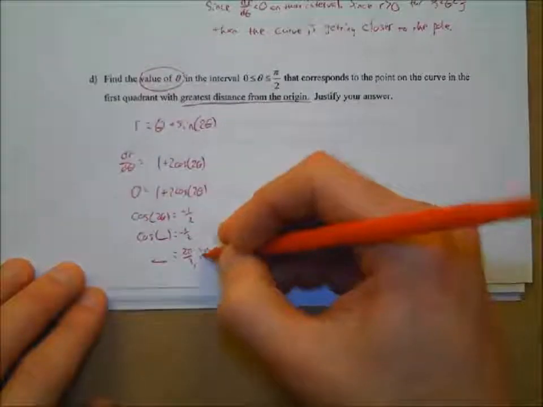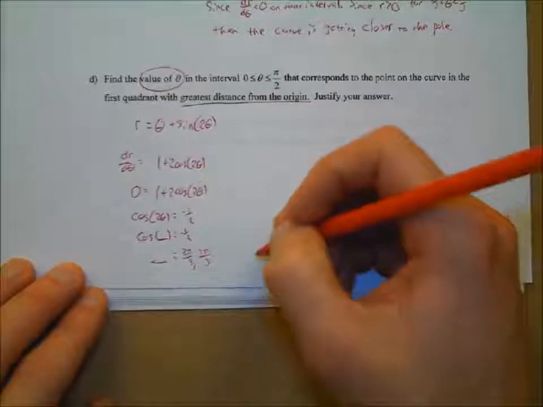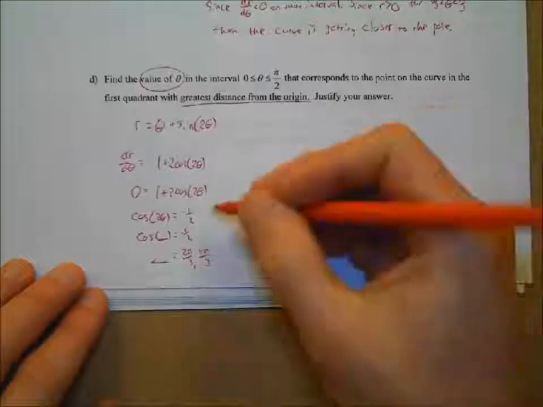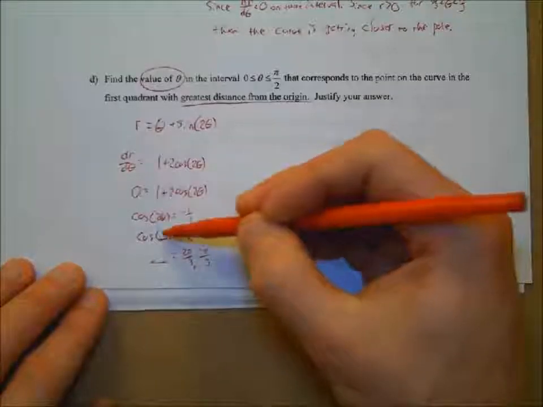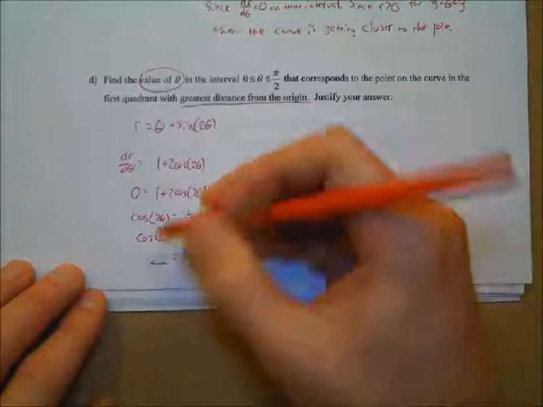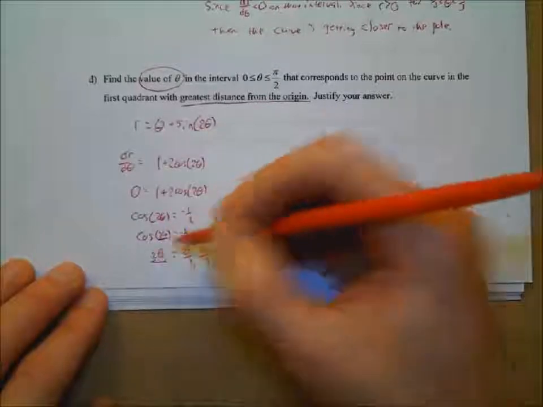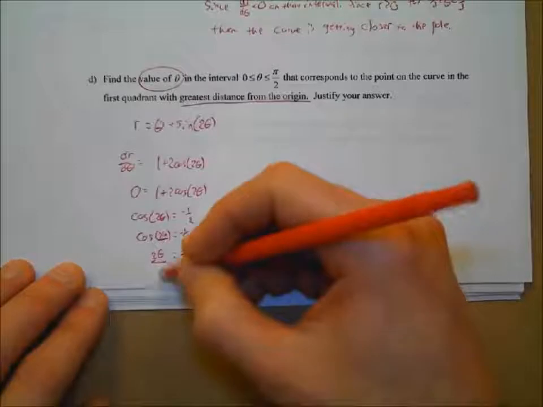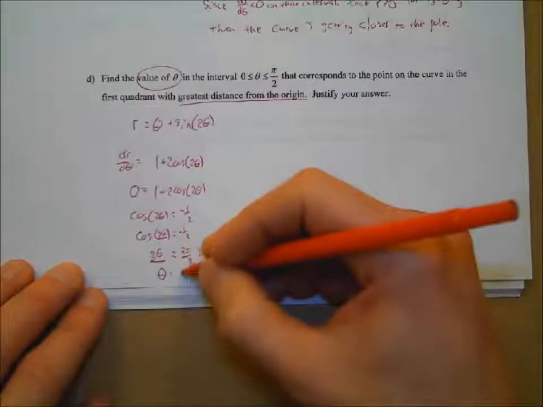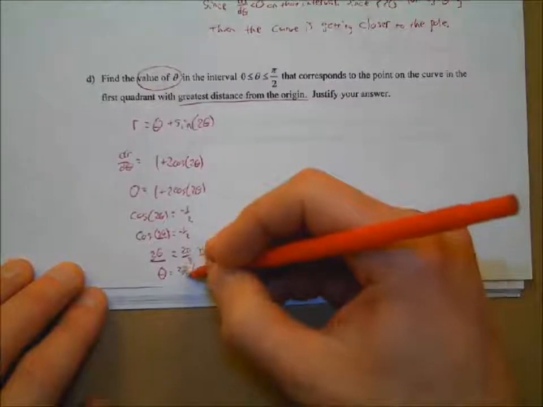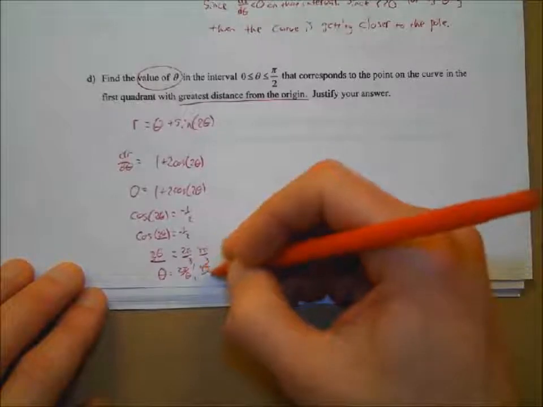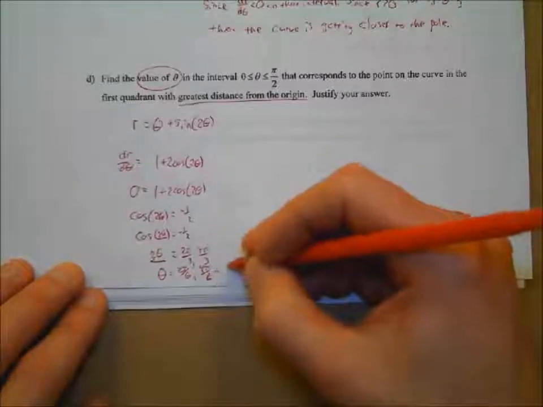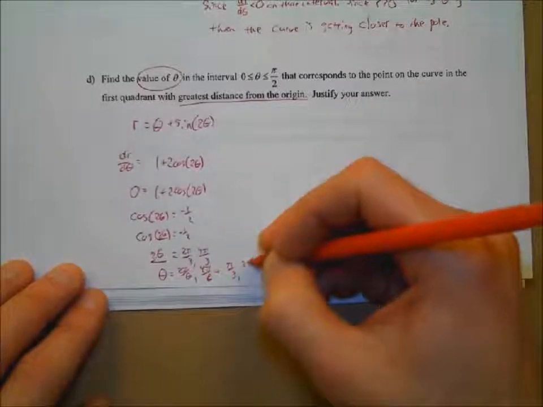So 2 theta, right, is this thing that's inside the parentheses there, and so 2 theta equals 2 pi over 3 and 4 pi over 3. If we want just theta, we have to continue dividing by 2, and so we get 2 pi over 6 and 4 pi over 6, which simplifies to just pi over 3 and 2 pi over 3.